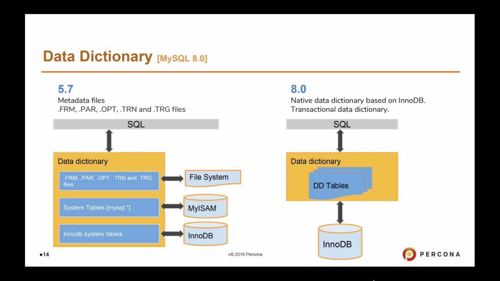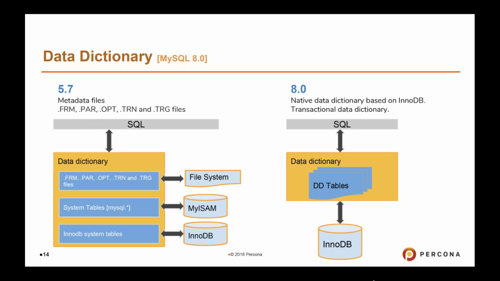MYD will keep data, and MYI will keep your indexes. For InnoDB, it will create a .frm file and an .ibd file. So .frm will keep your metadata, and the .ibd file will keep your data and indexes. For triggers also, it creates a file to keep the trigger structure, and there are a lot of other objects which we create to keep the metadata of those objects.